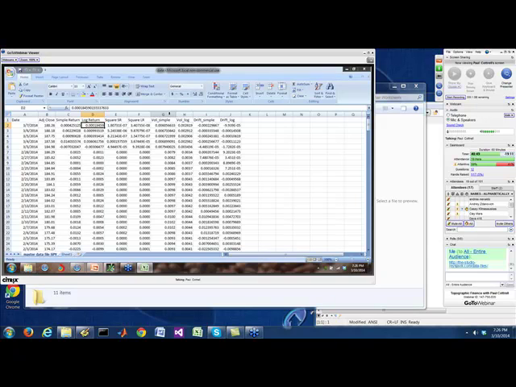So the debate is, do you want to look at simple returns or log returns? I've been playing around with it. I came to the conclusion that it should be log returns, but other traders may feel more comfortable using simple returns for doing their analysis.